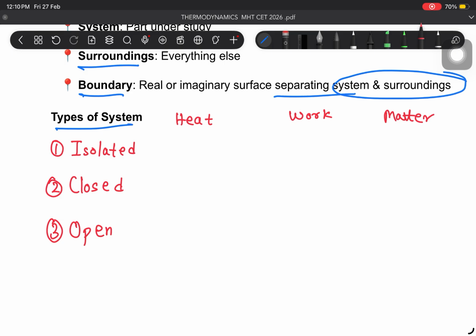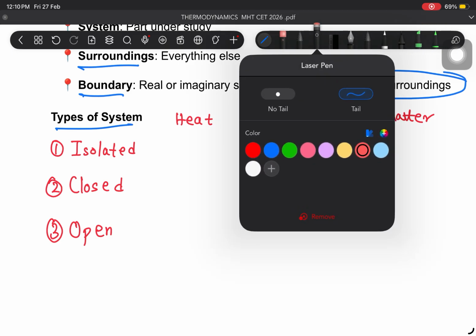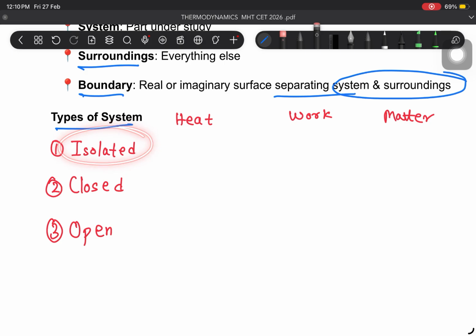Isolated system: no heat, no work, no matter exchange.